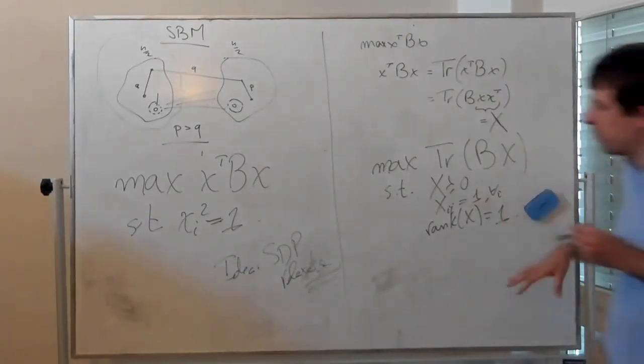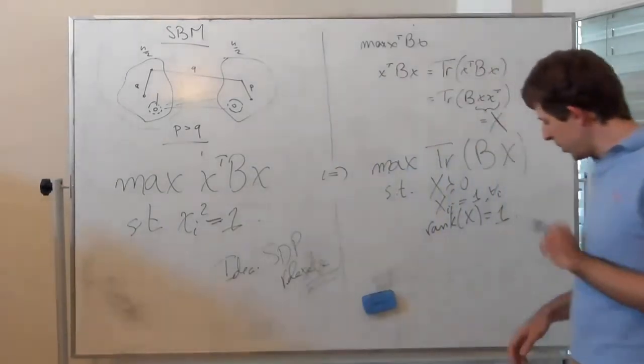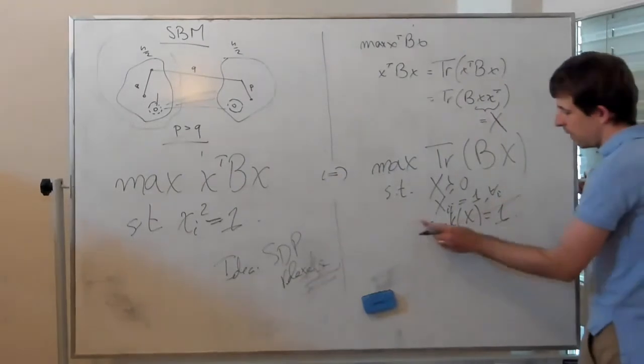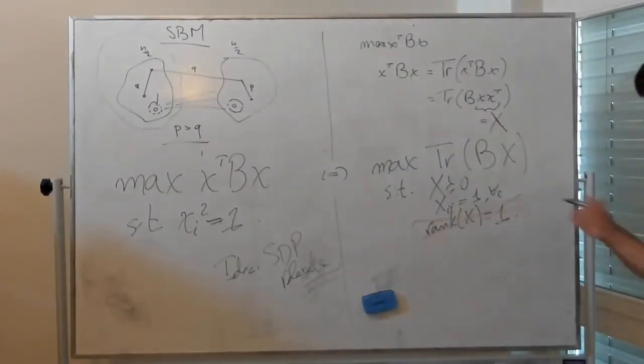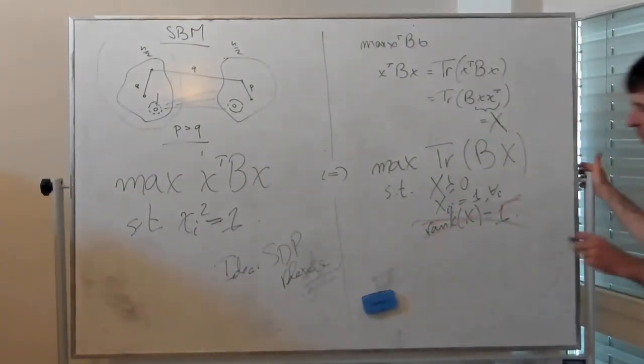This is exactly equivalent to that; nothing changed. Now what we do is take away the problematic constraint. This constraint isn't convex, so we take this away, and we get an SDP.